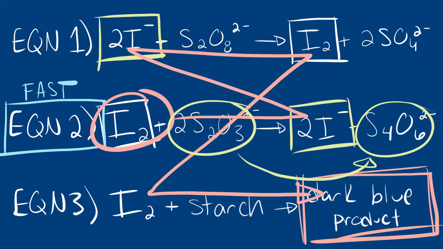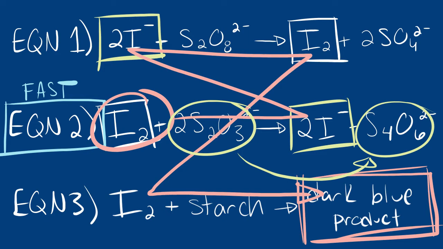Once the secondary reactant is gone, the I2 from the I- is going to very quickly be used up by equation 3, generating solely dark blue product, and the overall network of equations is going to be finished. So the generation of this dark blue product is intrinsically linked to the decomposition of the S2O3 2- from equation 2.